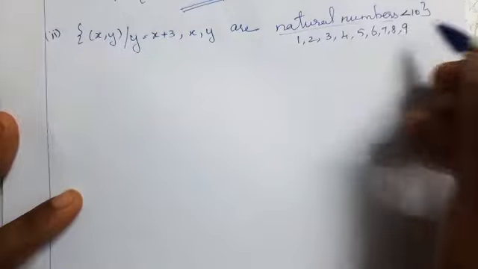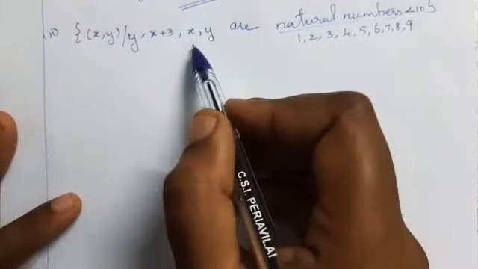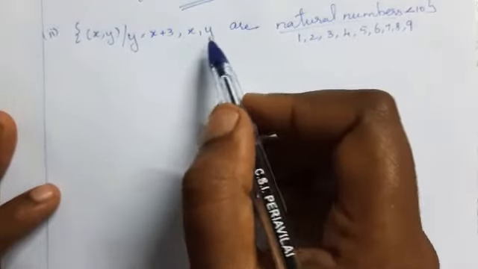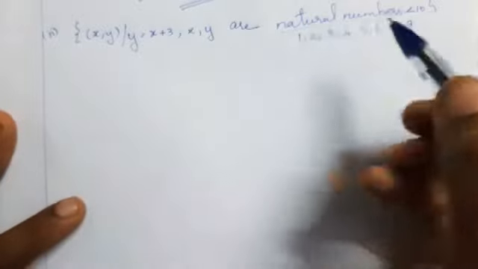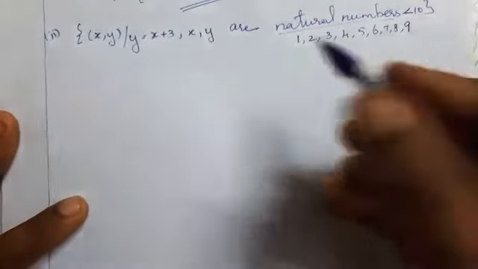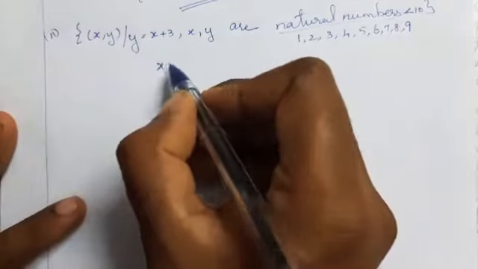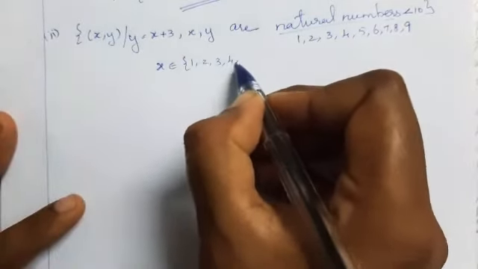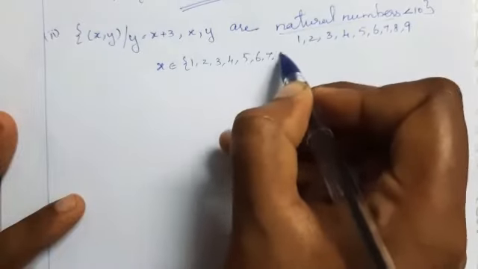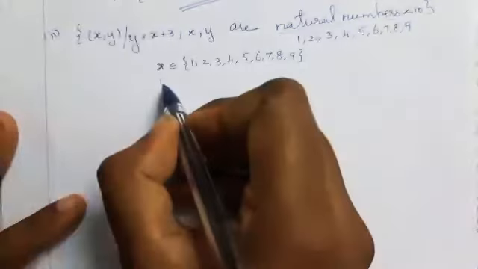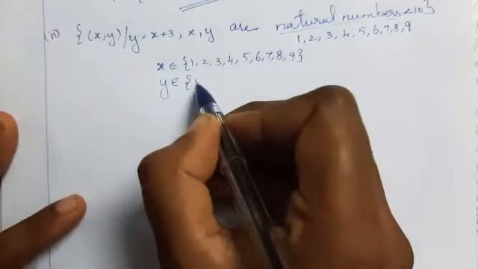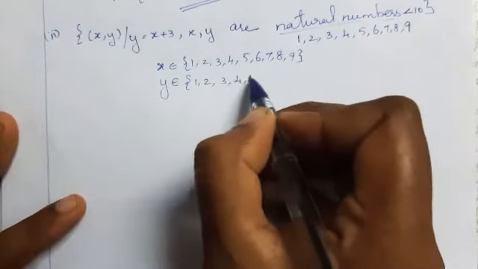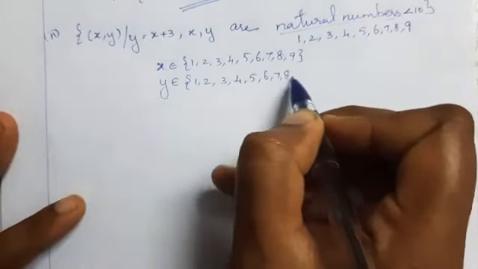Therefore, up to 9. The elements belongs to x and y are 1 to 9. x belongs to 1, 2, 3, 4, 5, 6, 7, 8, 9. y belongs to 1, 2, 3, 4, 5, 6, 7, 8, 9.